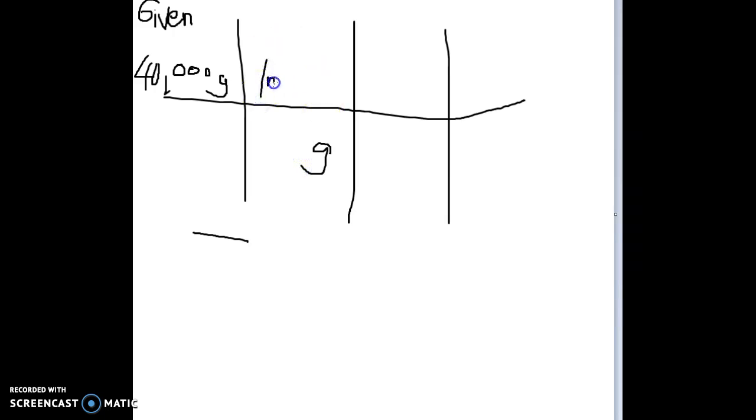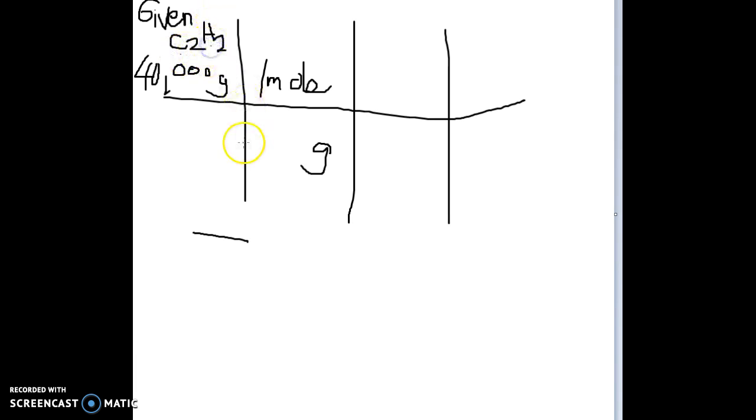So I'm going to divide by the molar mass. If I remember correctly, this was acetylene, C2H2. I need to find the molar mass of it. Carbons are 12, so 2 12s is 24.